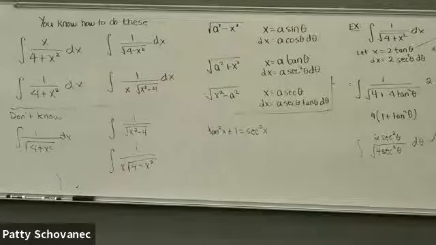Just bring it down here. We have 2 cosine theta on top, 2 sine theta here. Now my square root sign, then I have 4 cosine squared of theta.